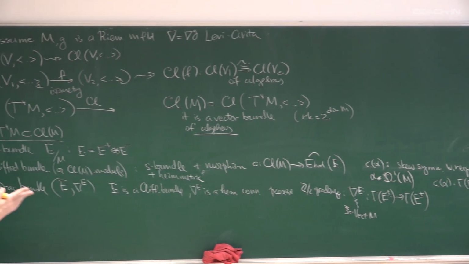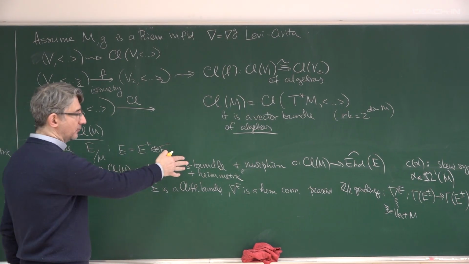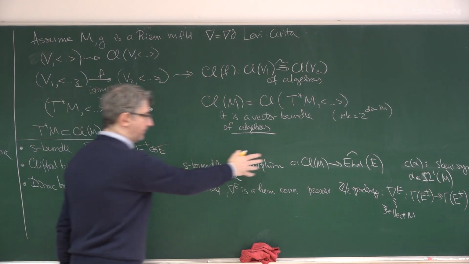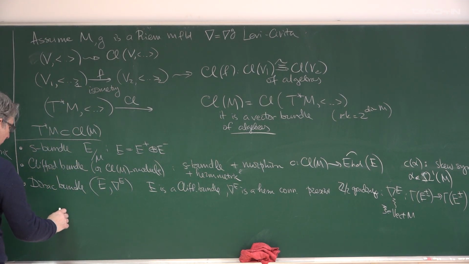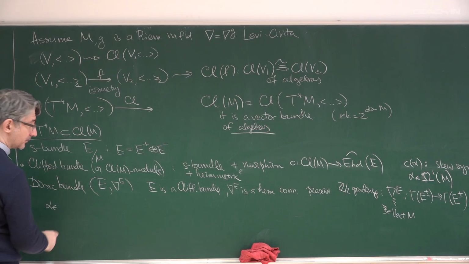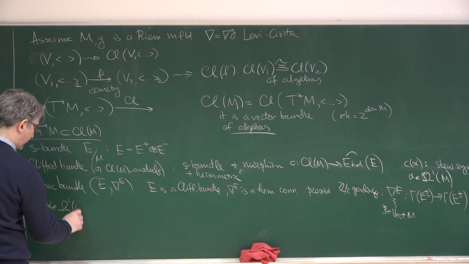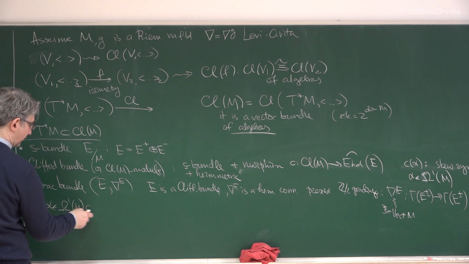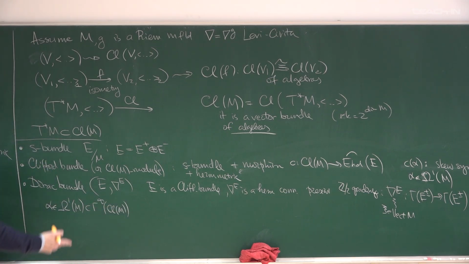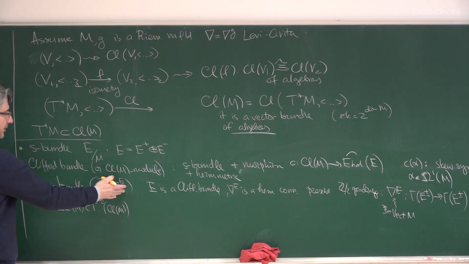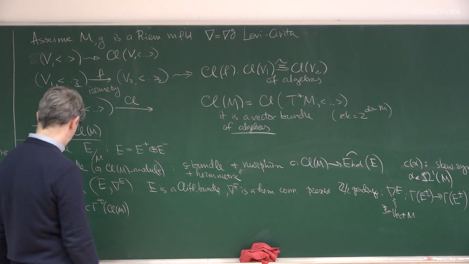We need only one formula which relates the connection with the action of the Clifford bundle, because everything else is fixed. Assume alpha is a section of the cotangent bundle, so it sits in sections of Cl. If I know how this is related to the connection, then everything will be okay.